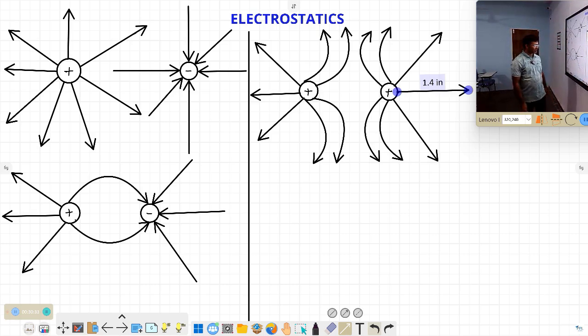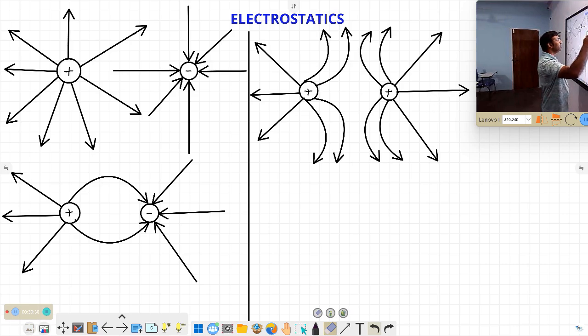So if you observe this diagram, in this case, the electric lines of forces look a little bit different. If you observe these plus and minus charges, we have a region of electric field bounded here. But in the case of plus and plus, there are no electric lines present in this region.